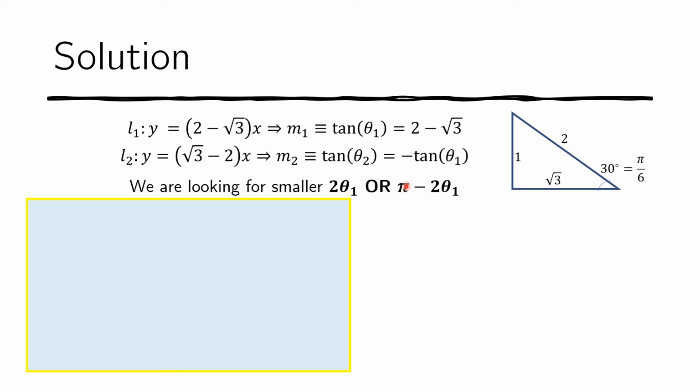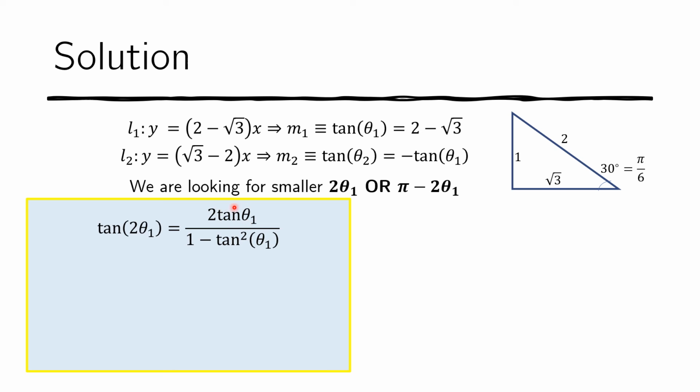So what we can do, because we now know this value, or we're looking for this value, and we have the tangent of those values. The tangent of this is this, the tangent of this is simply that. So we can use the tangent function, in particular this identity, that the tangent of this angle here is 2 times the tangent of this angle over 1 minus the square of the tangent of that angle.